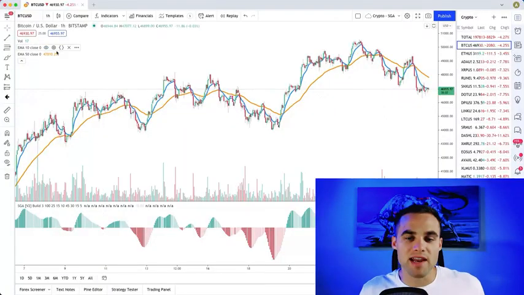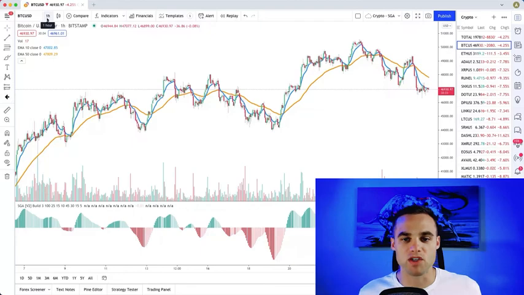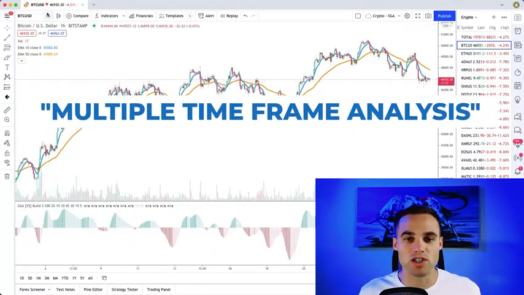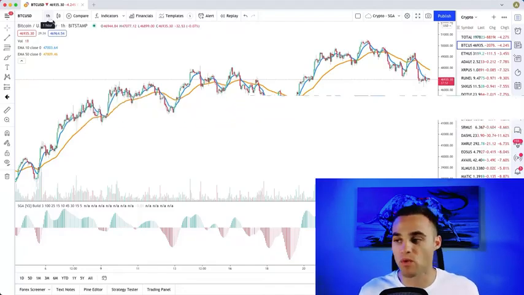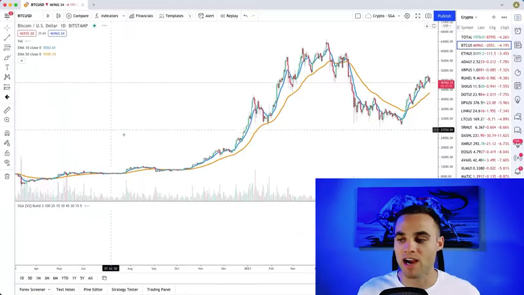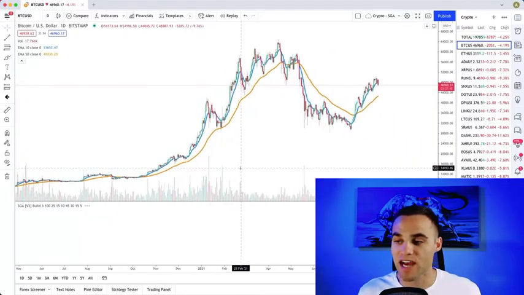Now, with that being said, in regards to time frames, there's something called multiple time frame analysis, where you may want to use multiple time frames to get an idea of how you want to trade the market. So let's say that the time frame we really want to enter on is the hourly time frame, but we may want to come up to a higher time frame, either the 4-hour or the daily, to get an idea of what's actually happening with the trend.